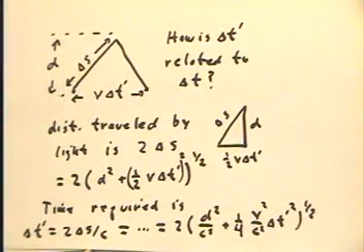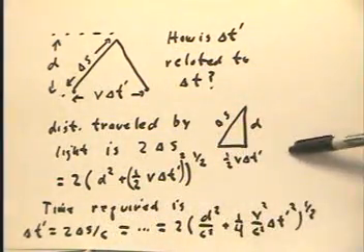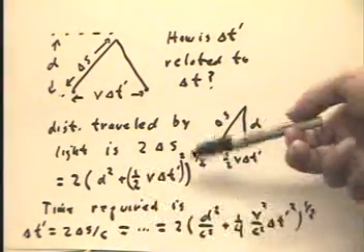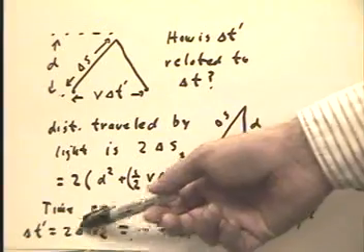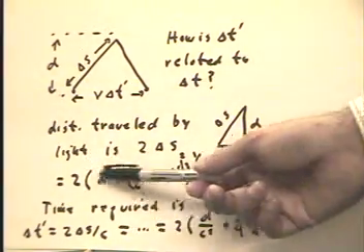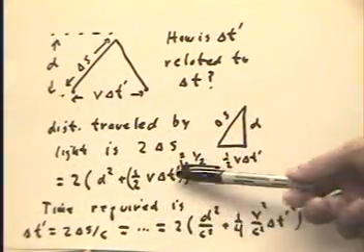And the time required is going to be delta t prime, which is 2 delta s over c. Now, 2 delta s is the distance we travel, c is the constant speed of light, so delta t prime has to equal 2 times this delta s, divided by c.